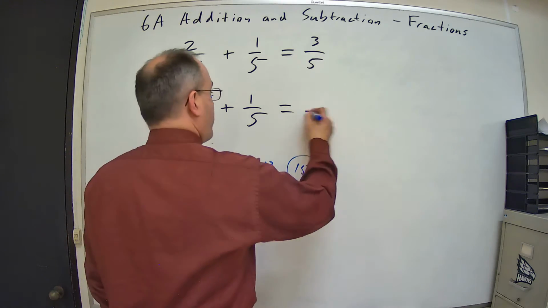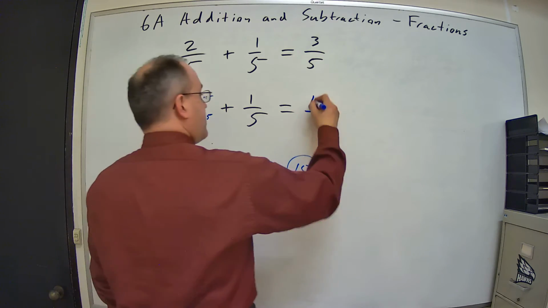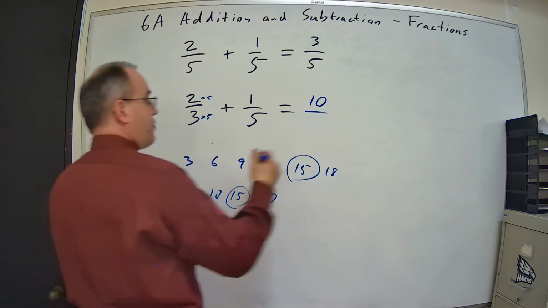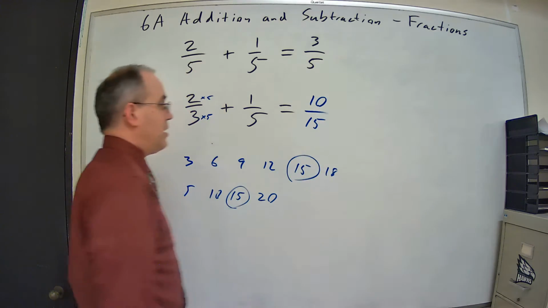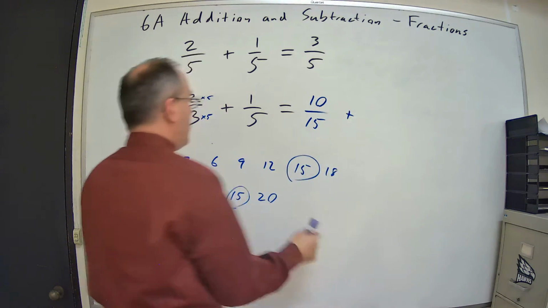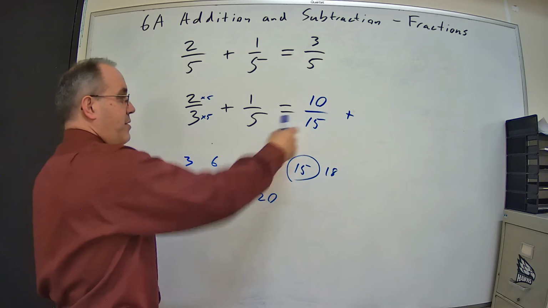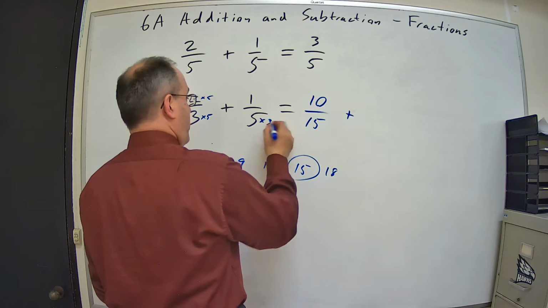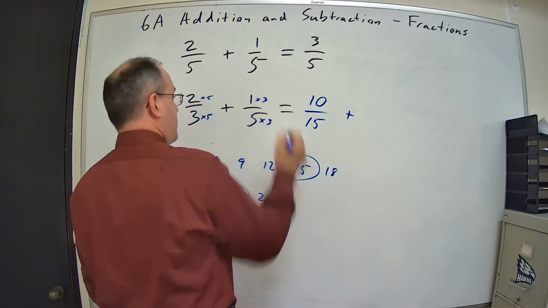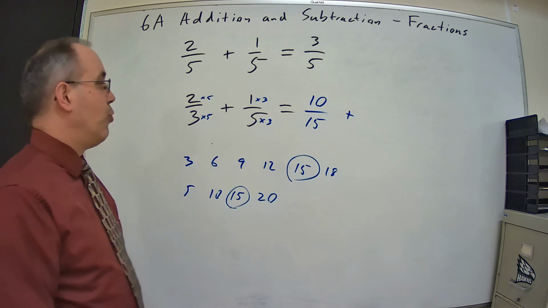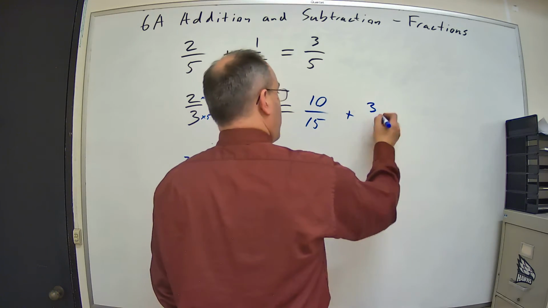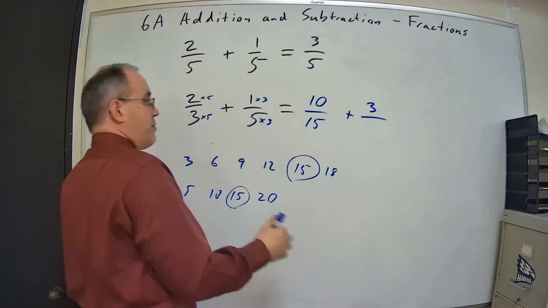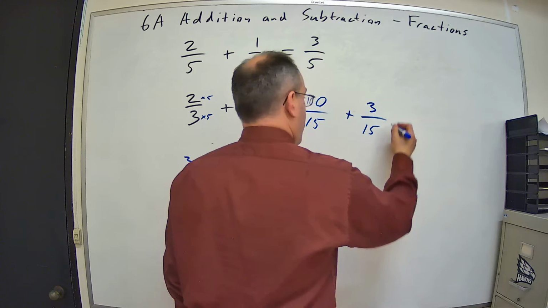So we end up with 2 times 5 is 10, 3 times 5 is 15, plus, well, if we want to get 15, 5 times what gives me 15? 3. So if we multiply the denominator by 3, we're going to multiply the numerator by 3. 1 times 3 is 3. 5 times 3 is 15.